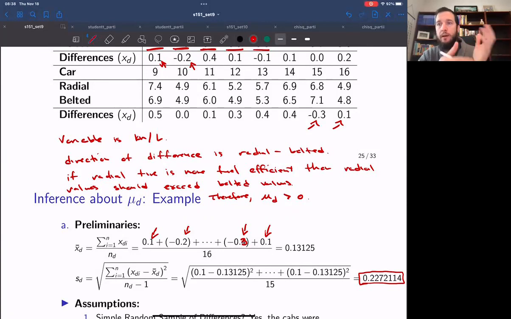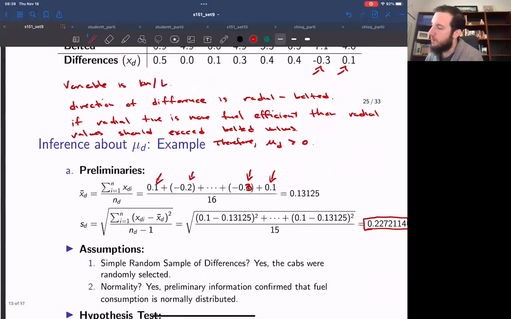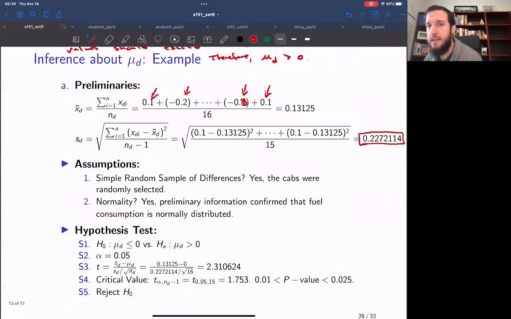So now my sample is just this collection of differences, and I'm just going to do what I usually do in the one sample case to the differences, because that's all the paired t-test really is. Once we have our x bar D and s D, in some cases these might even be given to you, but if they're not, you just compute them using our usual formula for mean and standard deviation.